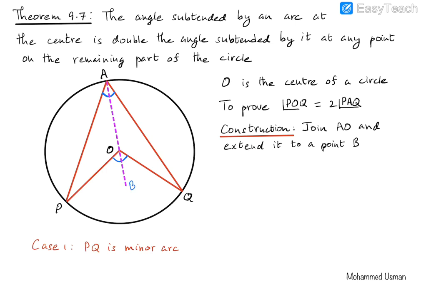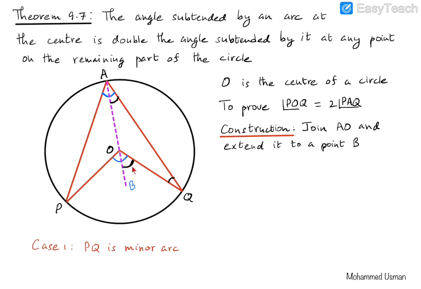Now if we look at the angle BOQ, which is going to be this angle here, marked in black, the angle BOQ is going to be the sum of the angle OAQ, which is this, plus the angle OQA, which is this. Okay, and that comes from the rule of the triangle, that the external angle of the triangle is the sum of the two interior angles on the opposite side.